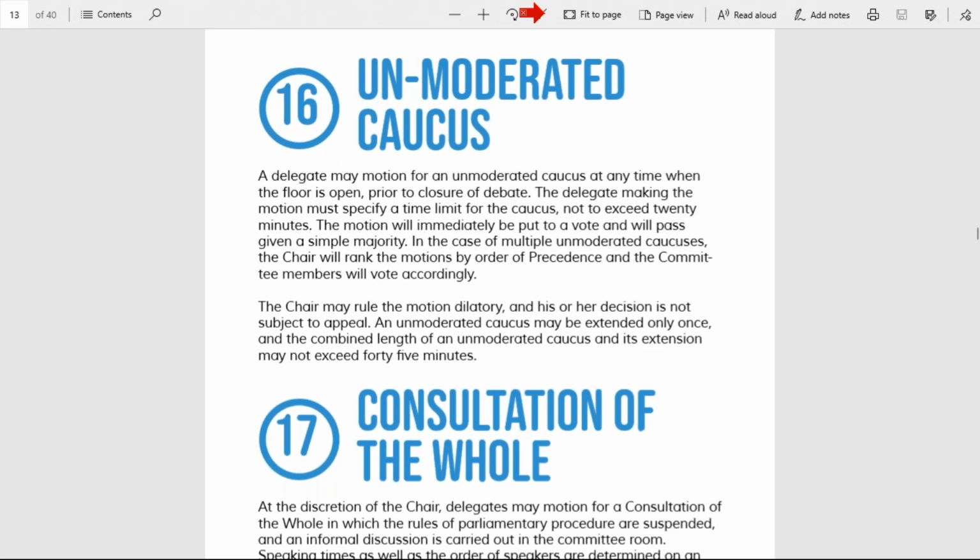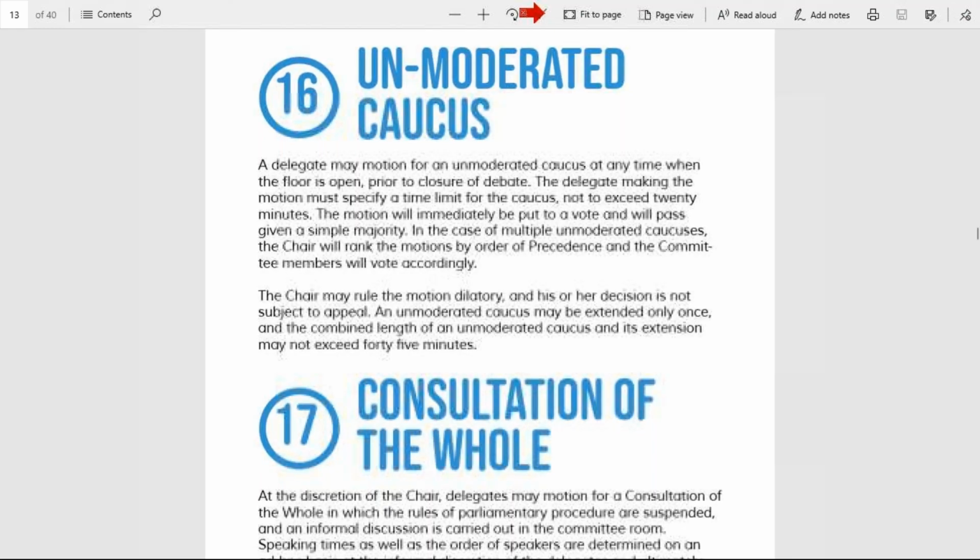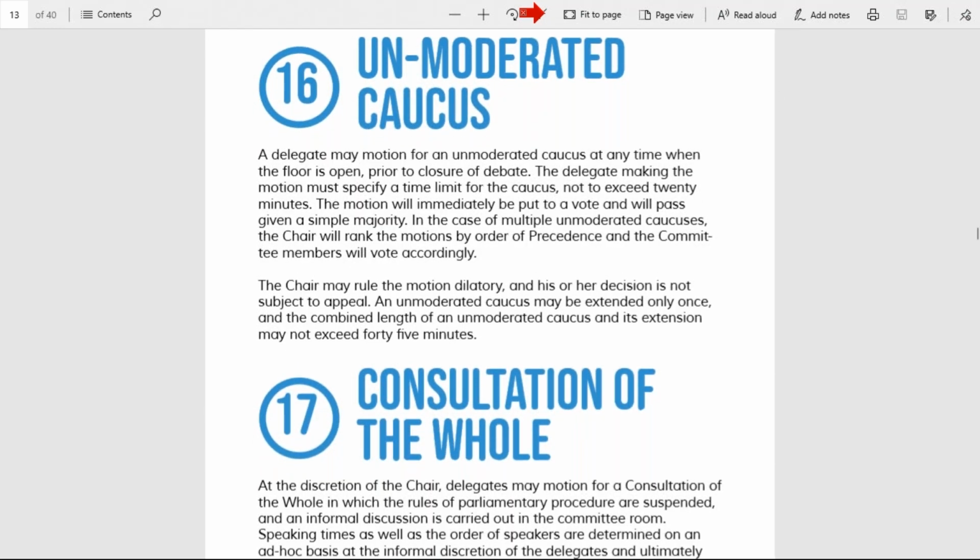The longest time you can raise an unmoderated caucus for is 20 minutes, and it can only be extended once for half the time, which is 10. So the caucus and the extension should not go for more than 30 minutes. We'll get to that later on. I hope you've understood that.